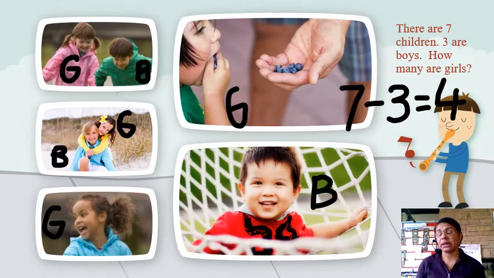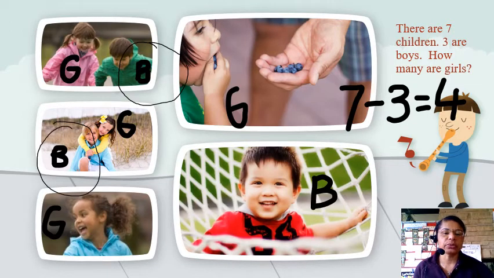How many are girls? So I immediately looked at the pictures and they're asking me to classify, to sort by boys and girls. So I'm going to go ahead and label them. And I counted the 3 boys that they mentioned. 1 right here, 2 right here, 3 right here.